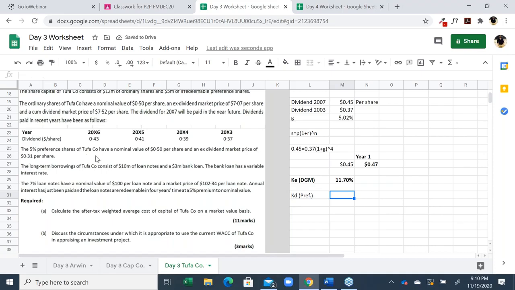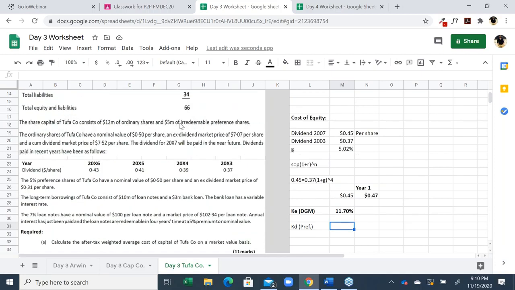The 5% preference shares of Tufa company have a nominal value of $0.5 per share and an ex-dividend market price of $0.31. Nowhere is it mentioned that it will be redeeming these shares, so we will assume that these are irredeemable shares. They have mentioned that these are irredeemable.